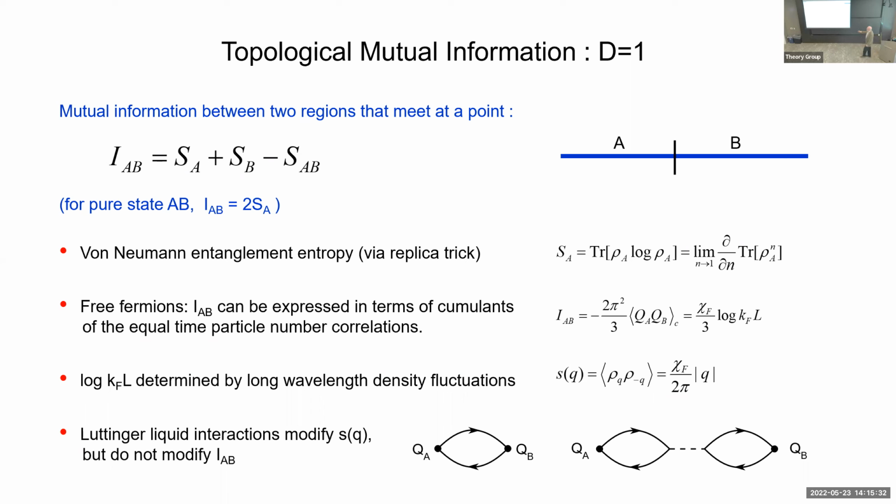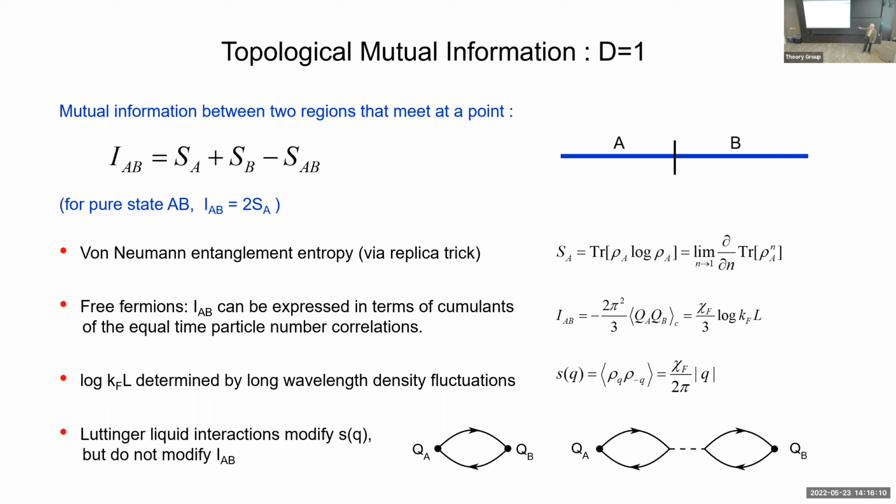The way we calculate this is sort of standard. The von Neumann entanglement entropy is the trace of rho log rho, where rho is the reduced density matrix, and one can deal with this log by doing the replica trick. If you do this replica trick for free fermions, there is a simplification: the mutual information can be written in terms of the cumulants of the equal time particle number correlations.